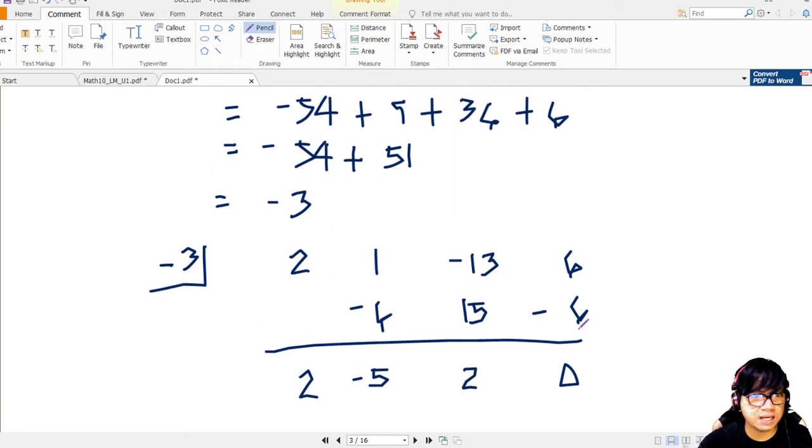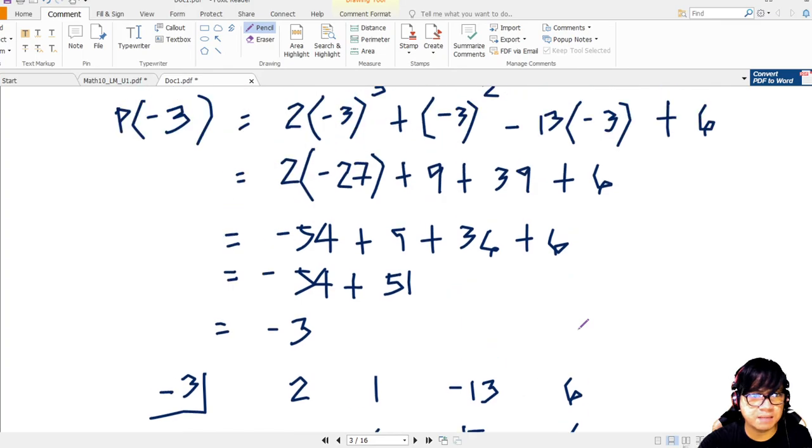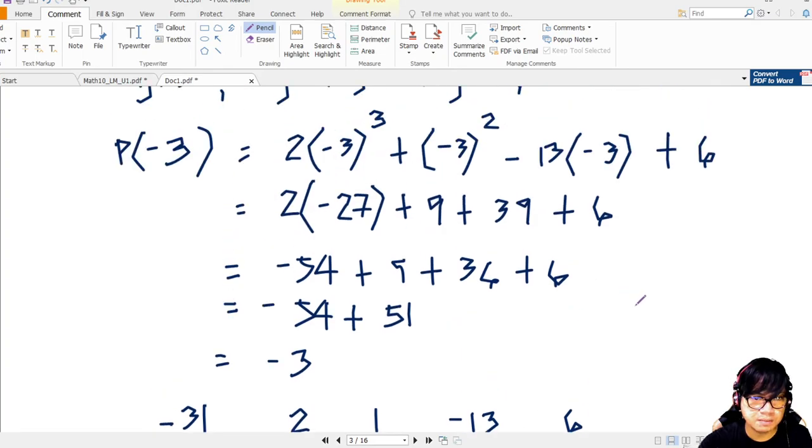So, double check natin yung ating remainder. There's something wrong with our answer. 2 times negative 3 cubed is negative 27. Negative 27. Tapos, itong negative 3 squared is 9.